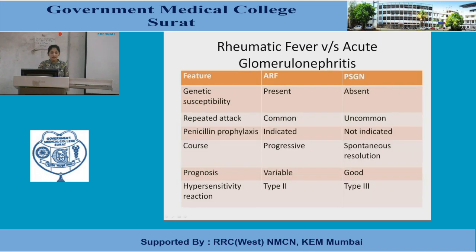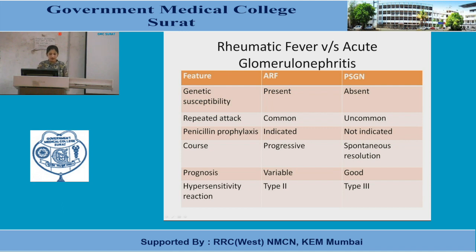Genetic susceptibility is present in ARF, which is absent in PSGN. Repeated attack is the most common in ARF, so that's why the patient has to take penicillin prophylaxis for a longer term. In PSGN, repeated attack is uncommon. Course is progressive in ARF, but in PSGN spontaneous resolution may be there.